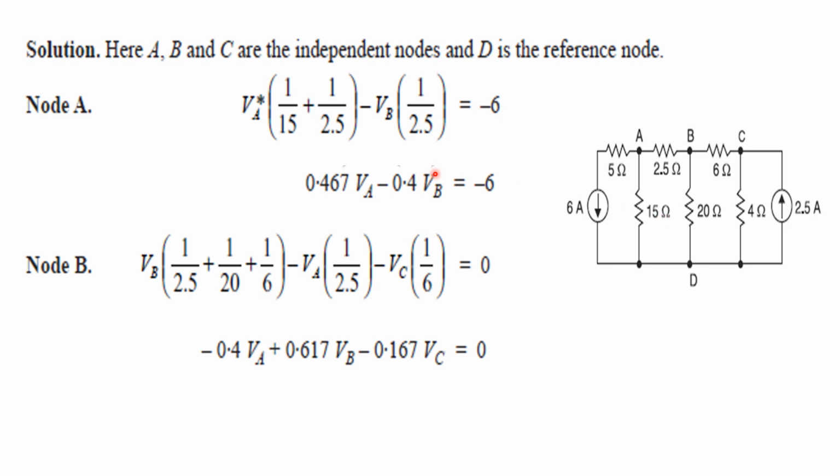Or we can write VA into 1 by 15 plus 1 by 2.5, and minus VB into 1 by 2.5.